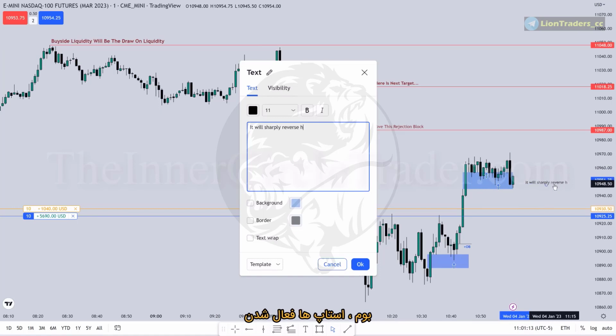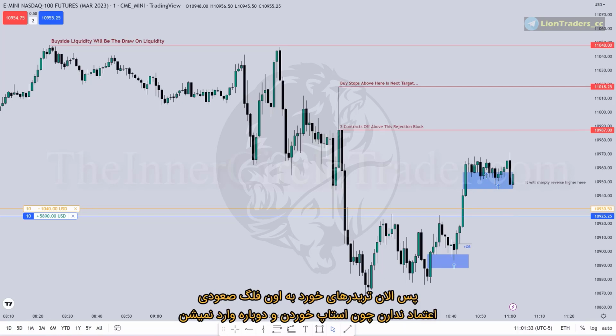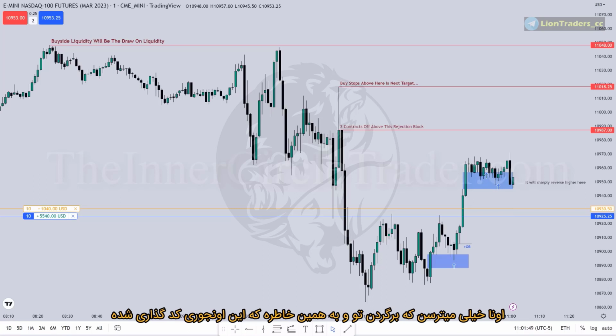Boom, stops are engaged. So now I'm typing out that it will sharply reverse higher here, based on what I just explained to you. So now retail traders don't trust that bull flag because they got stopped out. They will not re-enter. They'll be too fearful to get back in, and that's why it's coded that way.